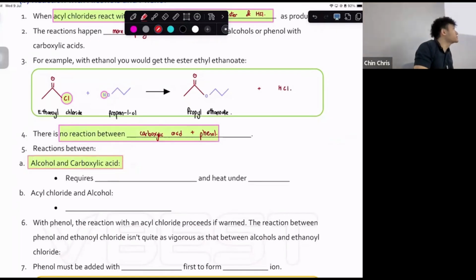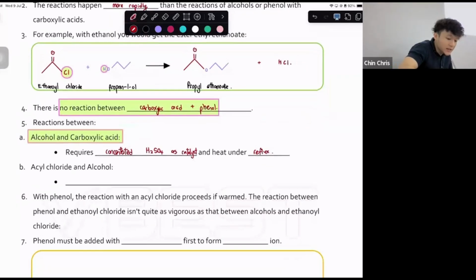What's the something? Yes, concentrated H2SO4 as a catalyst, well done. And you also have to heat it under reflux. So carboxylic acid and alcohol require this condition.